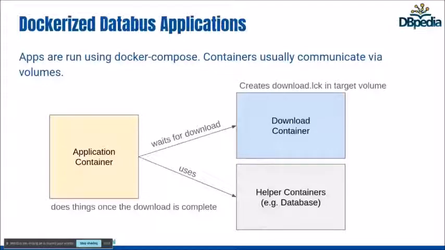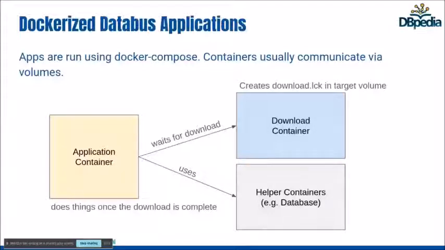And for those of you who don't know, Docker Compose is a way to run multiple Docker containers in one system. You start these containers simultaneously, and in the Docker Compose file you provide a configuration for each container.